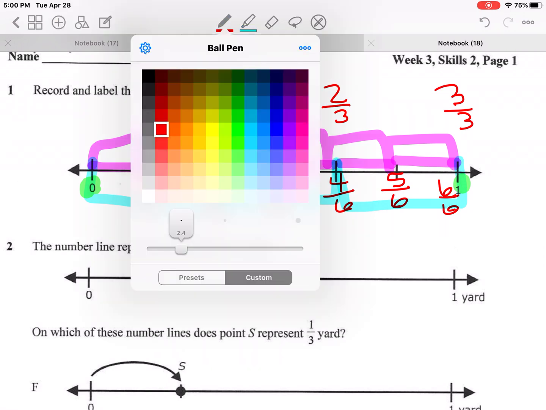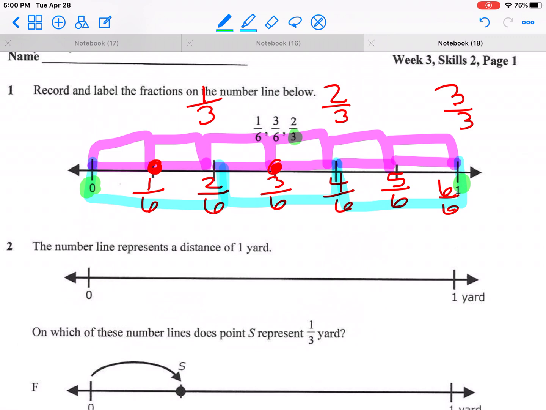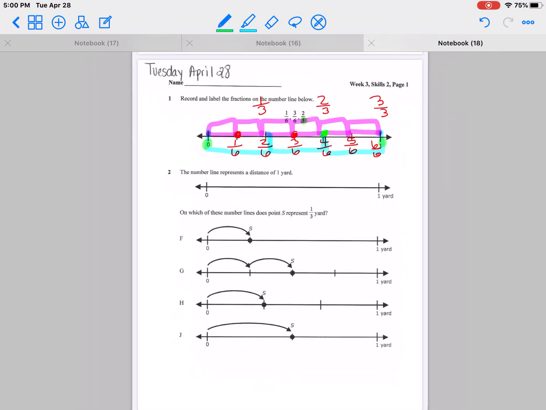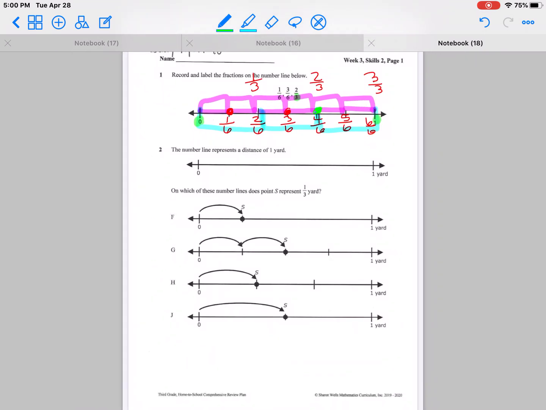And I can now label 2 out of 3. And 2 out of 3 is right here. So I found 1 out of 6, 3 out of 6, and 2 out of 3. Now you are going to go ahead and use this information to solve all of the rest of the questions.